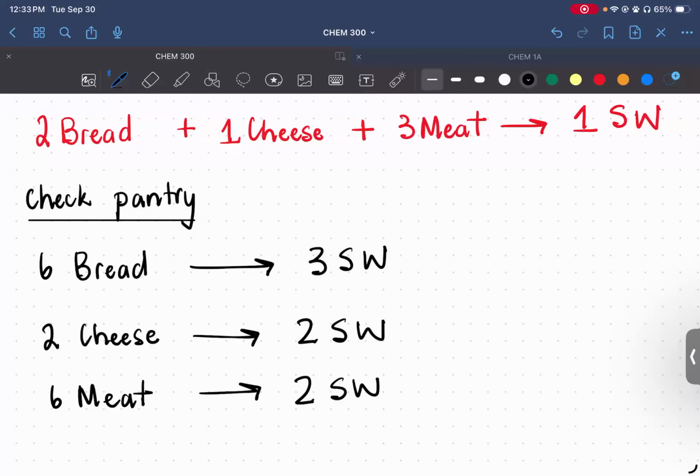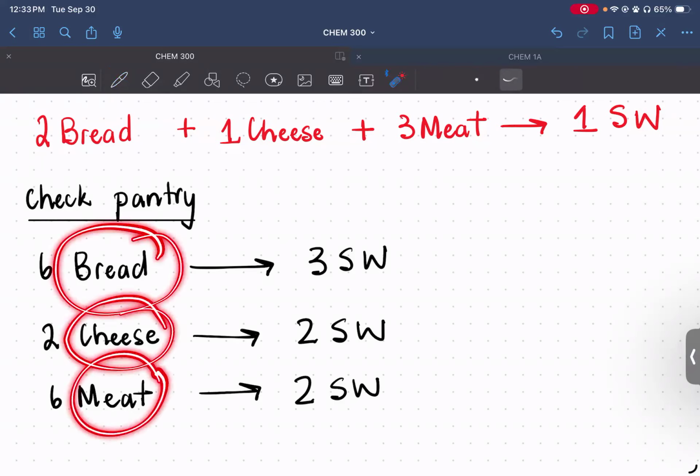So are you going to go back to your friends and tell them, hey guys, I can make you 3 sandwiches? You're going to tell them you can only make 2. How did you know that? You evaluated each reactant, so the amount of product you could make, and then the lesser amount of product is your theoretical yield.